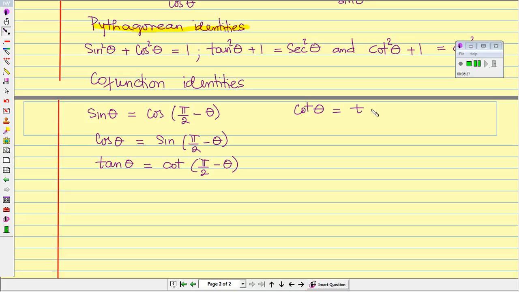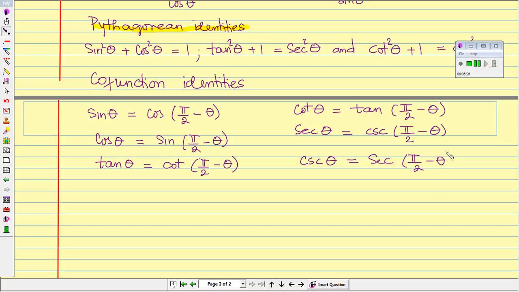Cotangent of the angle theta equals tangent of pi over 2 radians minus the angle theta. Secant of the angle theta equals cosecant of pi over 2 minus angle theta. And lastly, cosecant of the angle theta equals secant of pi over 2 radians minus the angle theta.